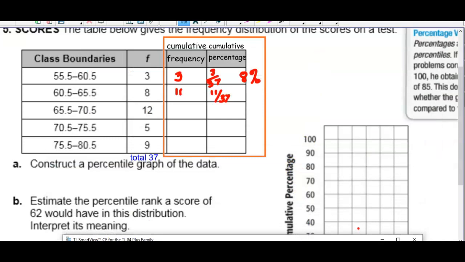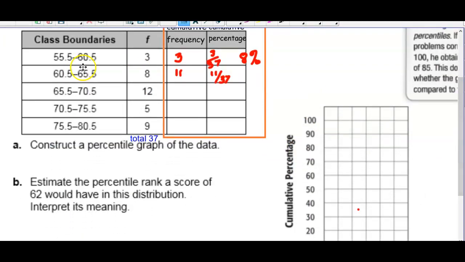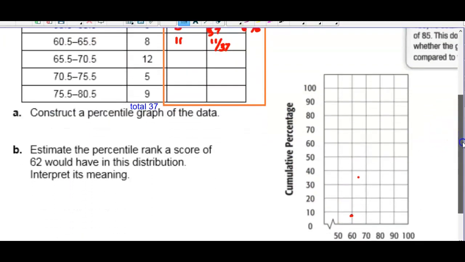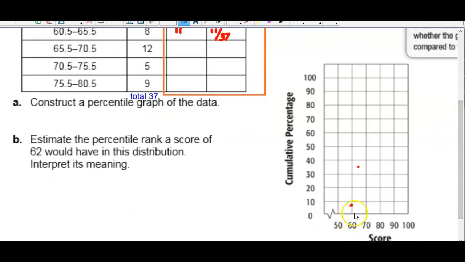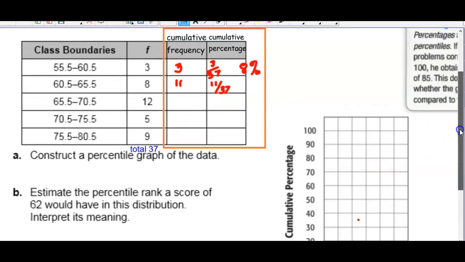So over here, that was everybody below a 60.5. So at 60.5-ish, we're at 8%. Then it is cumulative frequency. So I have to add these two numbers together, and that's 11 students below here.